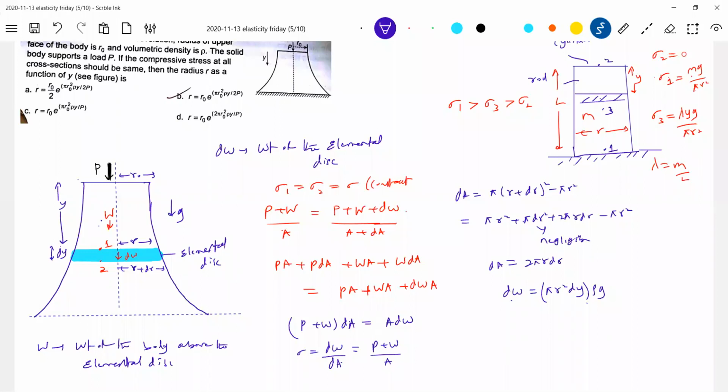So dW is equal to pi r squared dy rho g, and dA is 2 pi r dr, equal to (P plus W) by A. This everything should be equal to sigma, which we assumed.